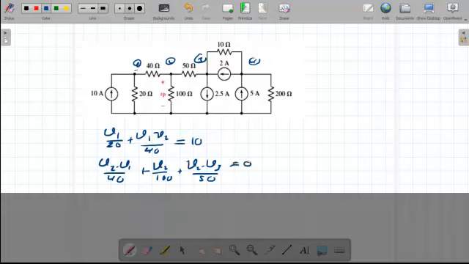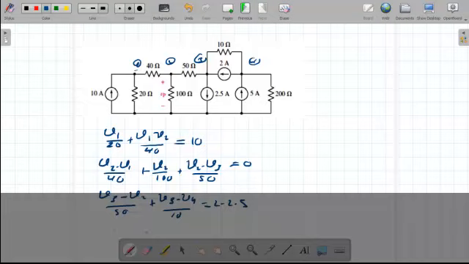Third equation, V3 minus V2 over 50, then V3 minus V4 over 10. Here we have the two current sources, 2 entering and 2.5 leaving, so we will have 2 minus 2.5.